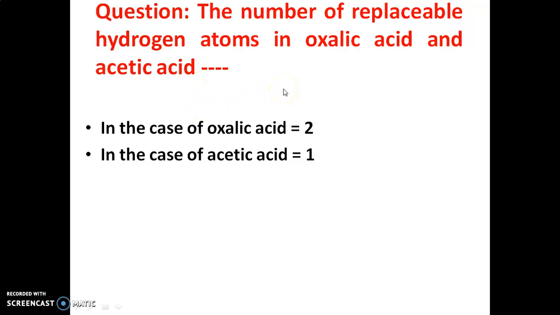In the case of oxalic acid, we can remove 2 hydrogen atoms. Therefore, the number of replaceable hydrogen atoms in oxalic acid is 2. In the case of acetic acid, we can remove only 1 hydrogen atom. Therefore, the number of replaceable hydrogen atoms in acetic acid is 1.